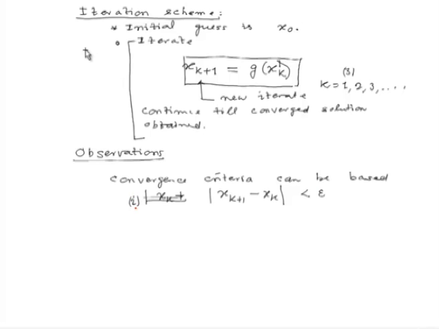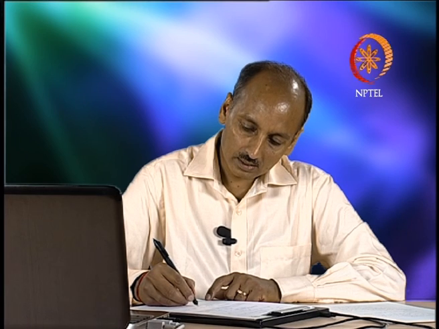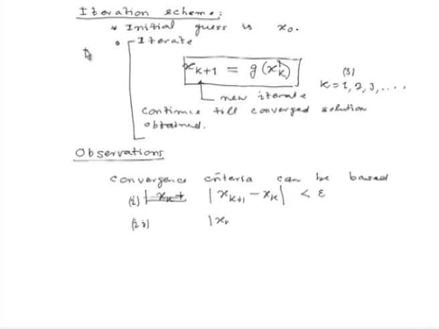So, this is one possible criteria, and the second possible thing would be that we instead take a relative basis, that is, the absolute value of xk plus 1 minus xk divided by the absolute value of our initial guess is less than some specified tolerance. So, you can use either of these.